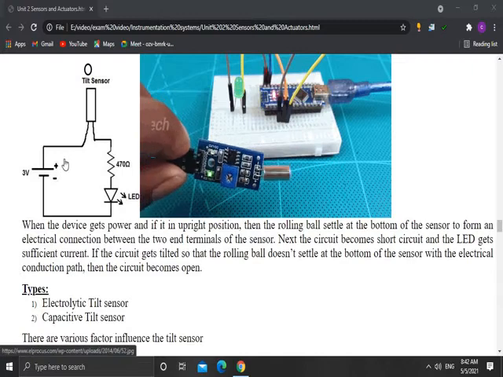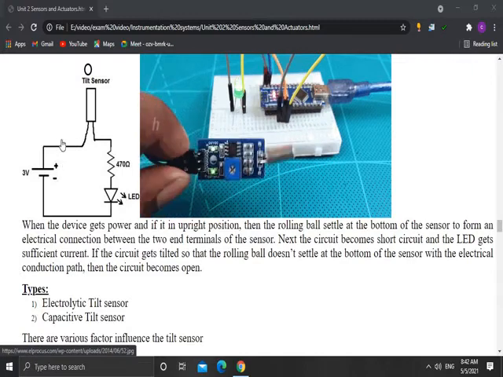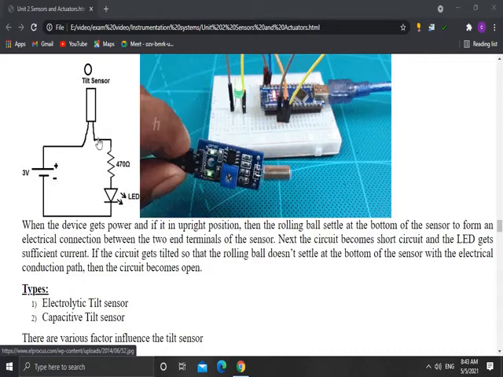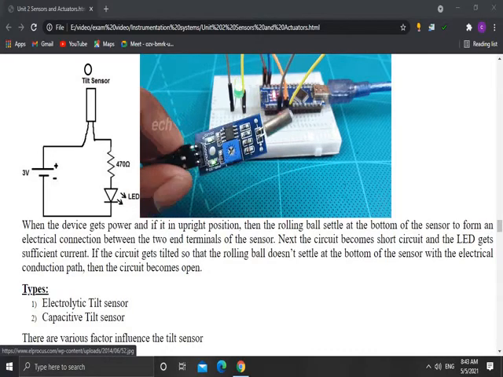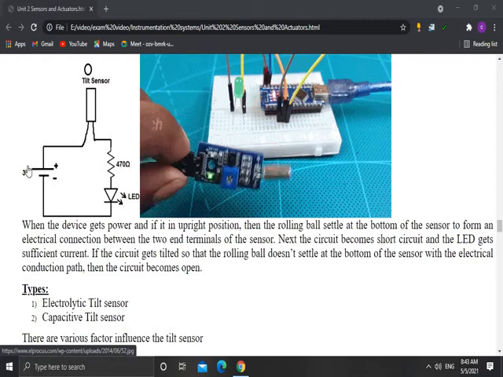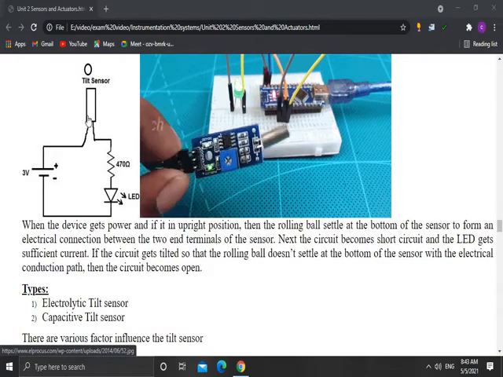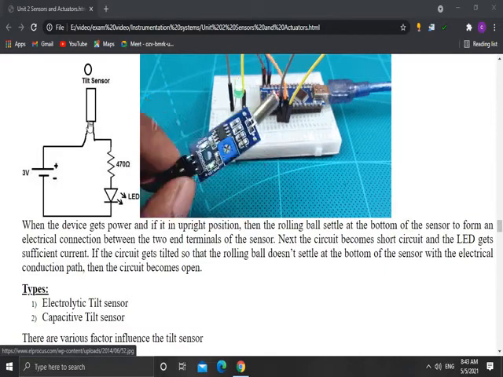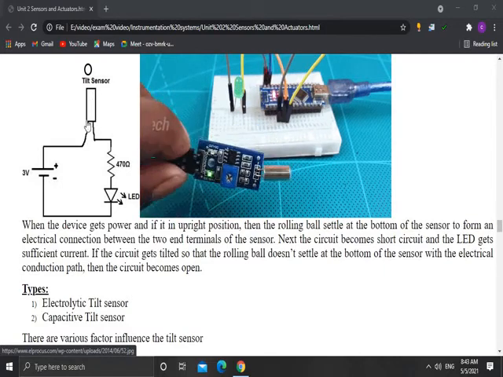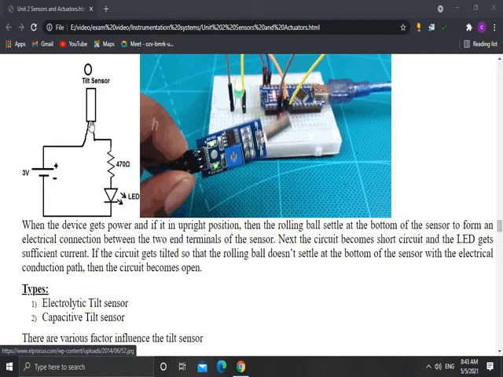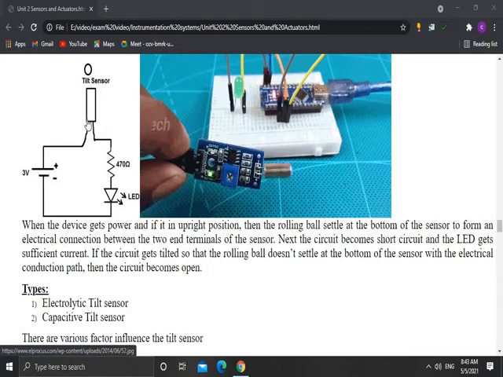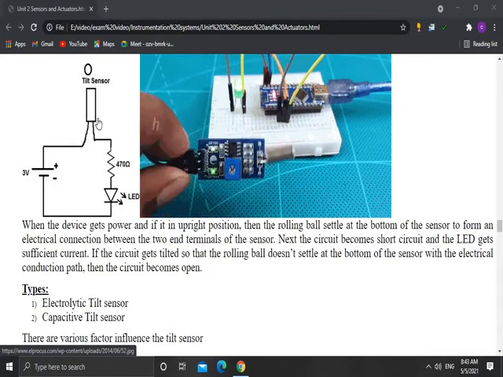This is the circuit diagram of the tilt sensor. The tilt sensor is connected to the power supply and another end is connected to the LED. So when we turn on the power supply and the tilt sensor is placed in upward direction, then the rolling ball will fall down and the connection from this side to this side is completed.